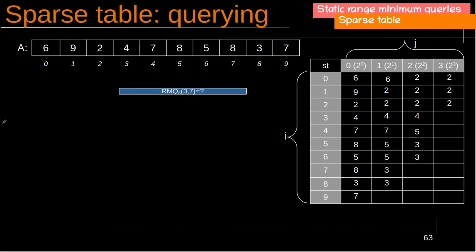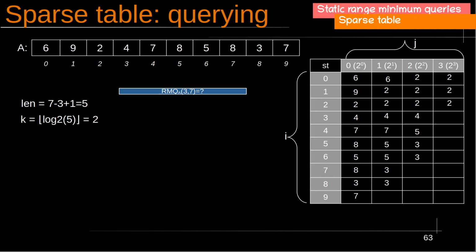Okay, let's take another example. The minimum from 3 to 7 in the original array using the sparse table. We're going to compute the number of cells in that range, which is 5: 7 minus 3 plus 1.